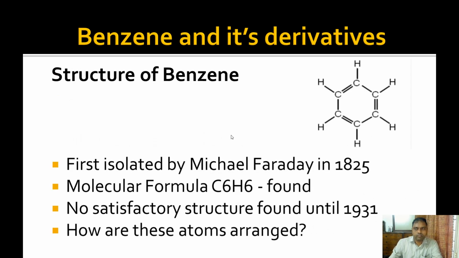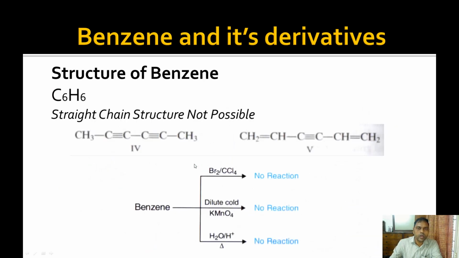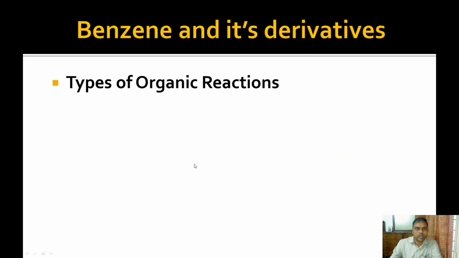Then we were trying to find out the structure of benzene. In the earlier days, they did not know the structure of benzene. They did know the molecular formula, but they didn't know the structural formula. Then I went on discussing how they got to the benzene structure.